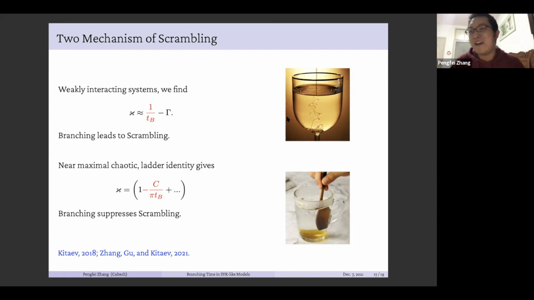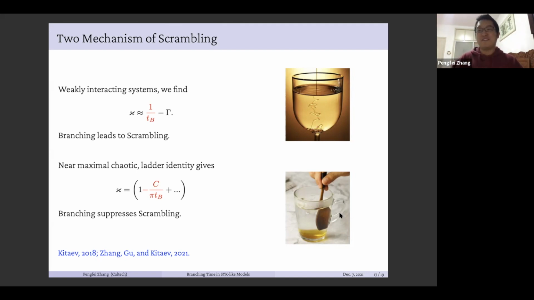So as an analog to this breakfast case, if you put the honey into water and just wait, it will be dominated by the dissipation process, right? It's like diffusion. Diffusion will create some entropy, so it's a dissipative process. On the other hand, you can use a spoon to create a collective mode.